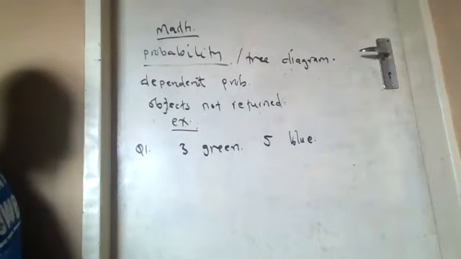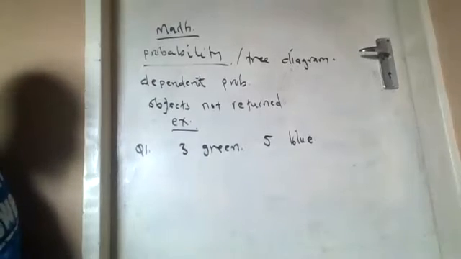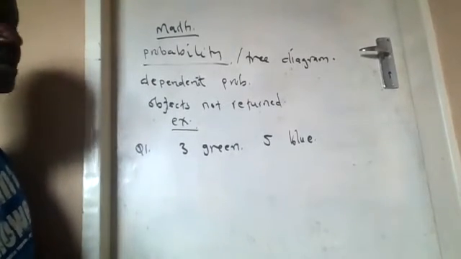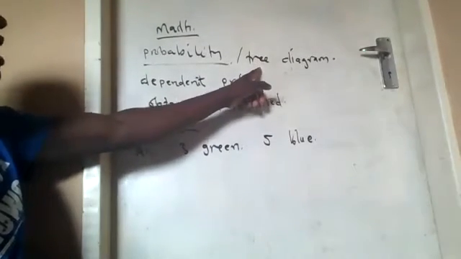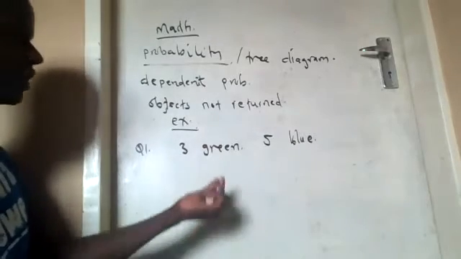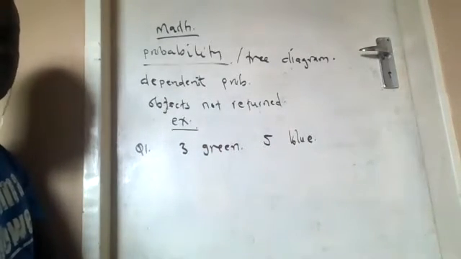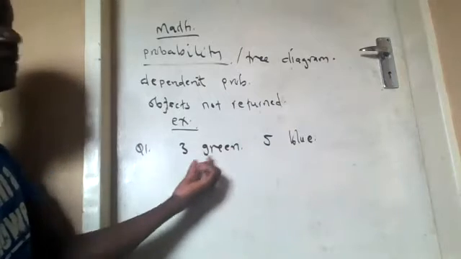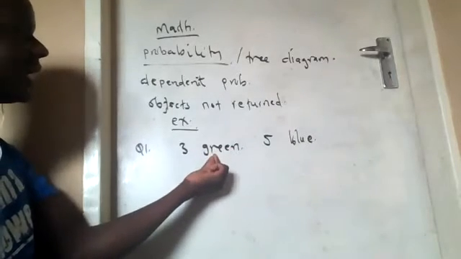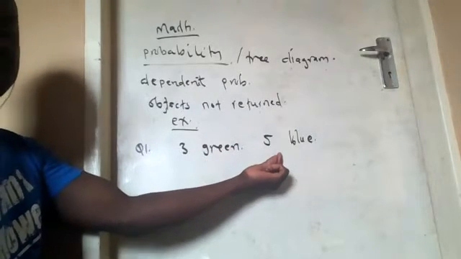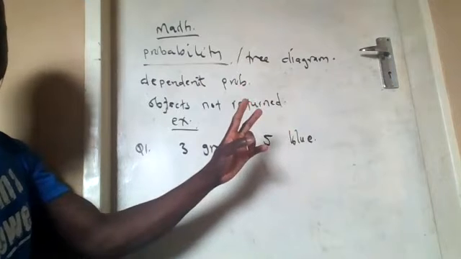Now, remember I said a tree has branches, and the number of branches this tree will have depends not on the number of entities, but on the number of types. Here, the types are colors. We only have green and blue. So how many types are there? Only 2.